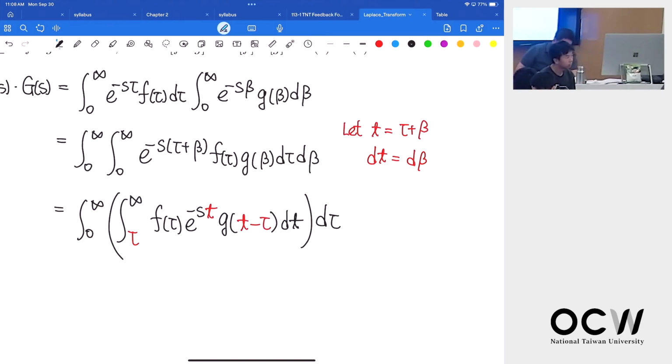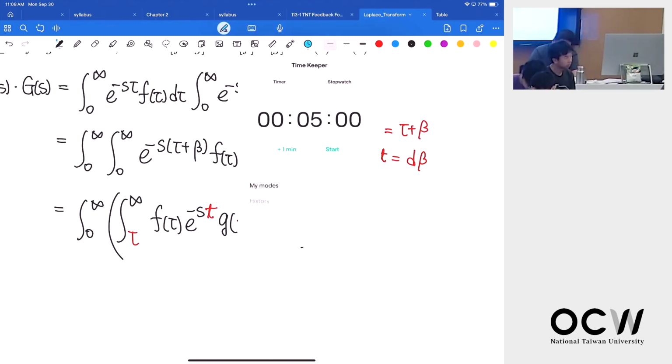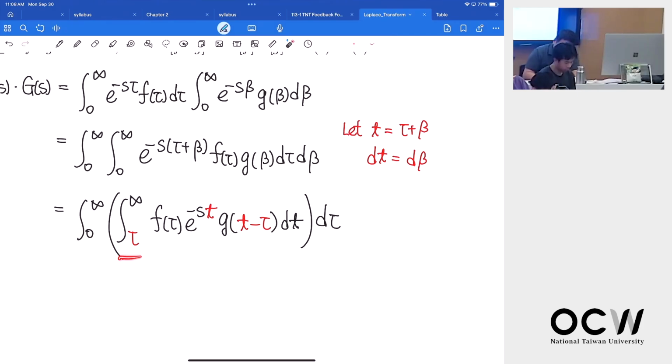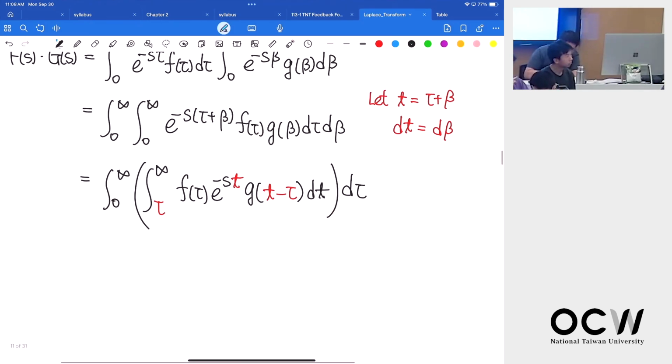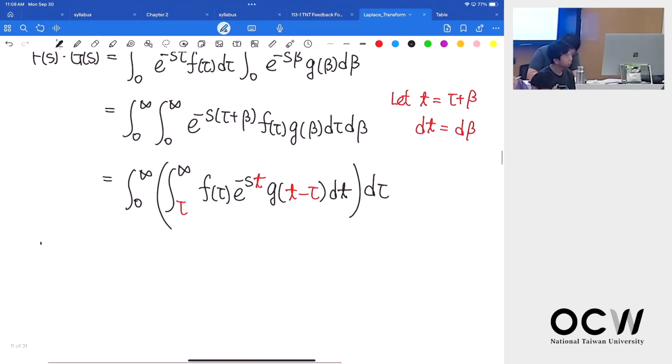Then we change the order of integration. Now we do dt first and then d tau, but I want to do d tau first, then dt.